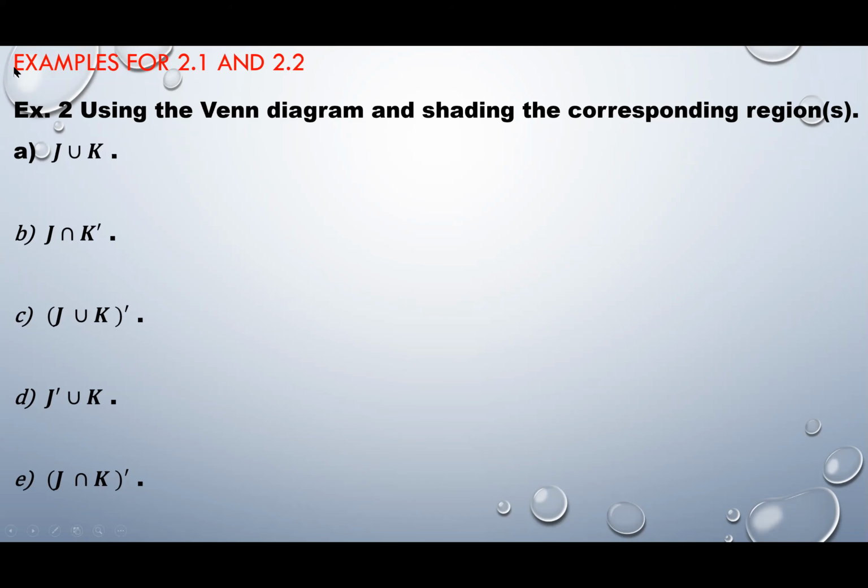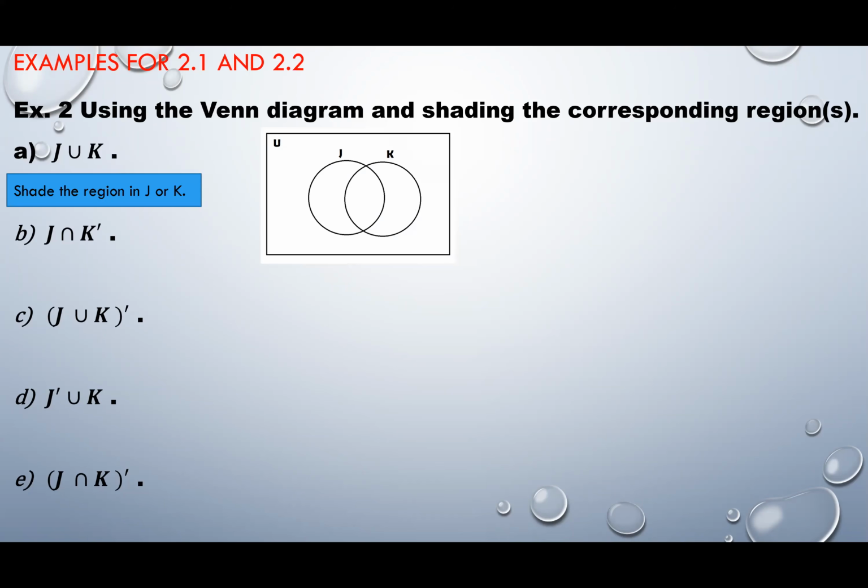So let's take a look at this, which is, again, for A, they ask you to shade the region J union K. So J union K means, again, what is in J or in K. That's one thing, you want to know how to read your symbols. So this tells you to shade the region in J or the region in K. And if you remember, I told you guys that the union, you just combine them together, you just unite them together.